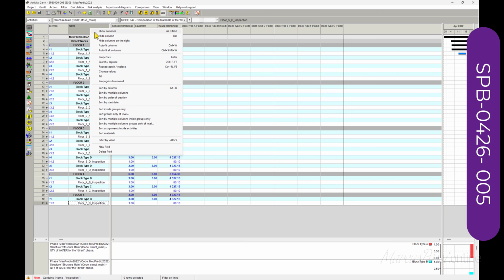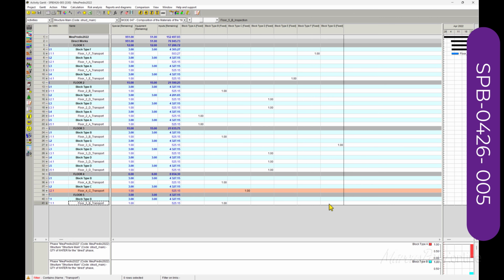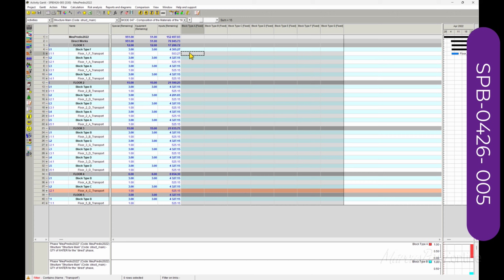And filter by value, transports, contains transports, no block will be assigned to transport activities.